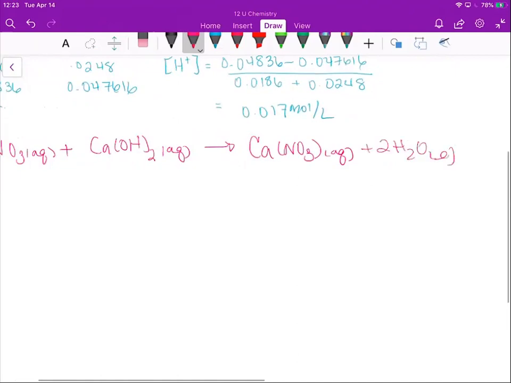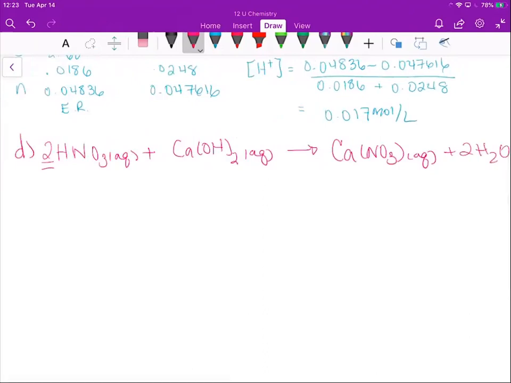It really doesn't matter what you're forming over here, okay? But from this, we're going to see that we need twice as much nitric acid to neutralize the calcium hydroxide.